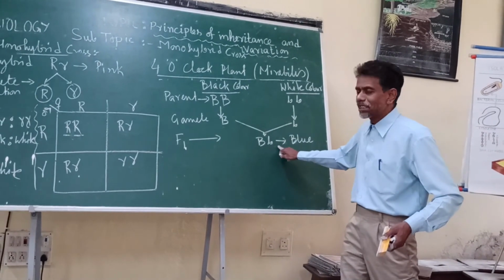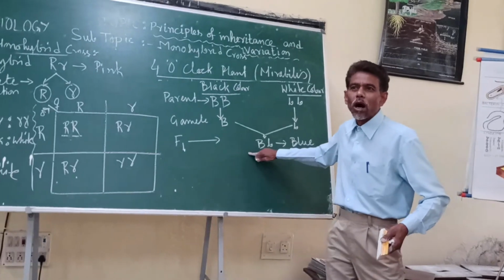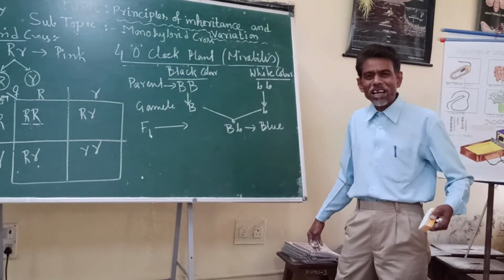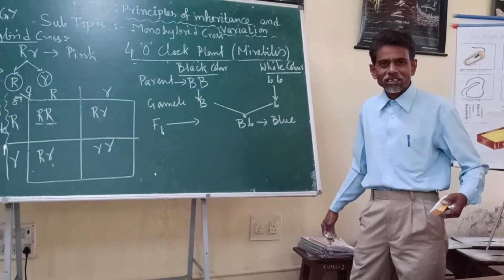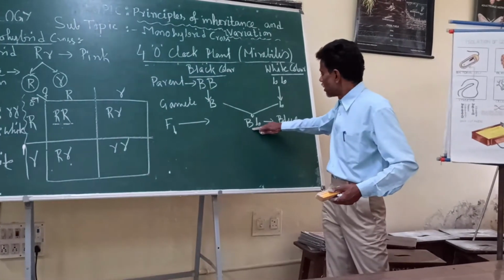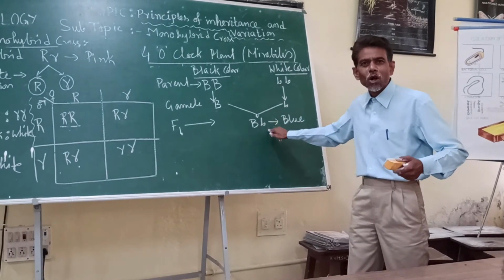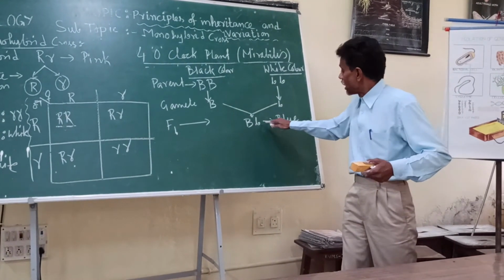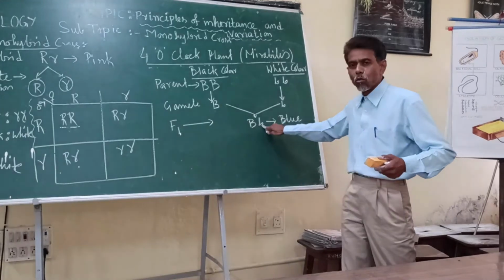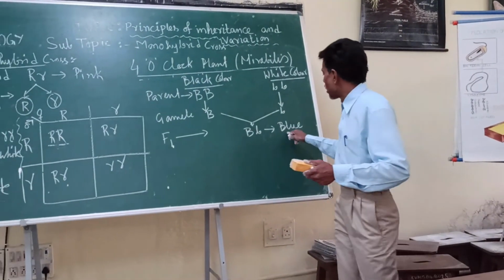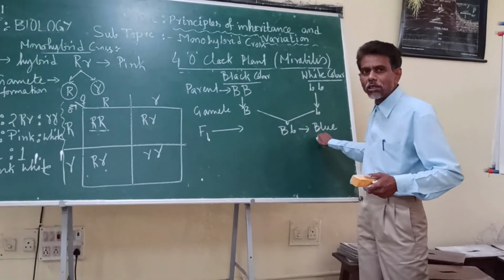So again, this is a violation of Mendelian law of dominance. That means the principle of dominance here is not applicable. Here, the capital B and small b are sharing equally, giving a blending of character, color, that is blue.